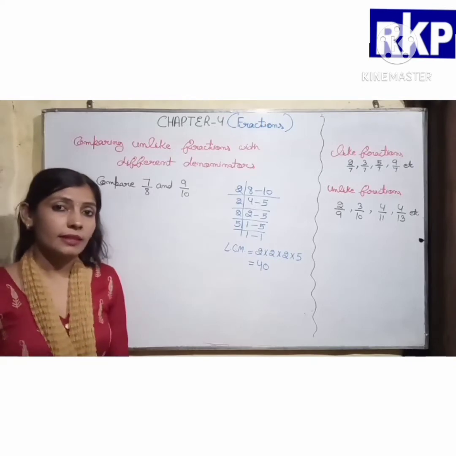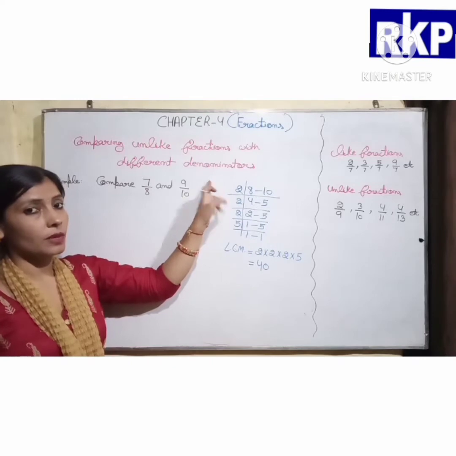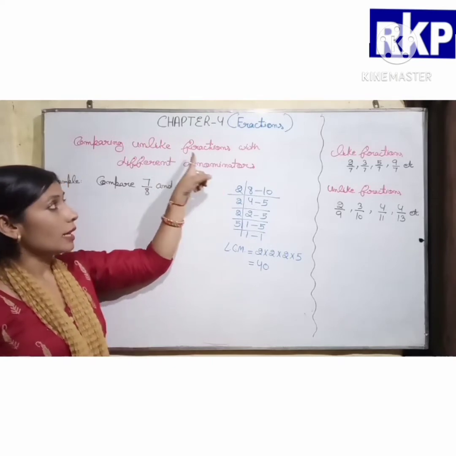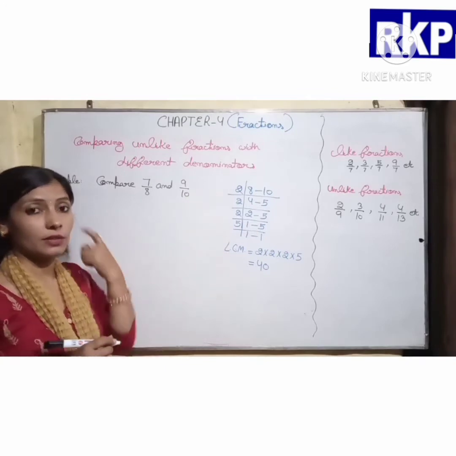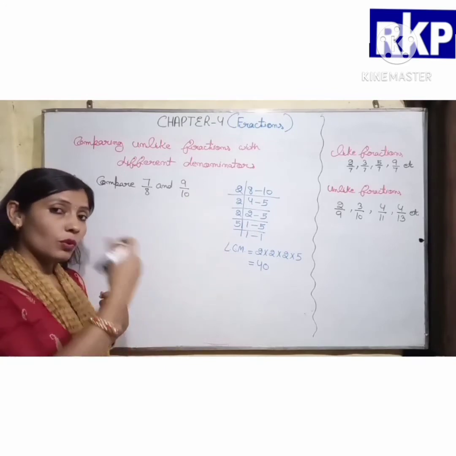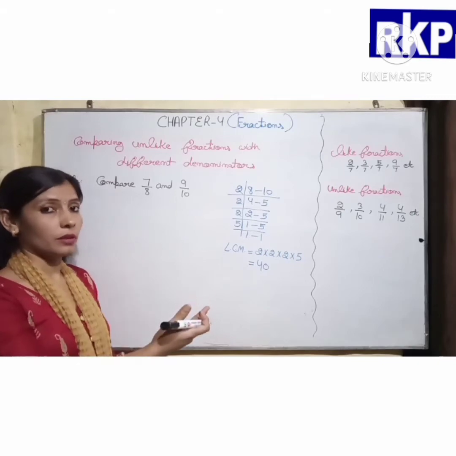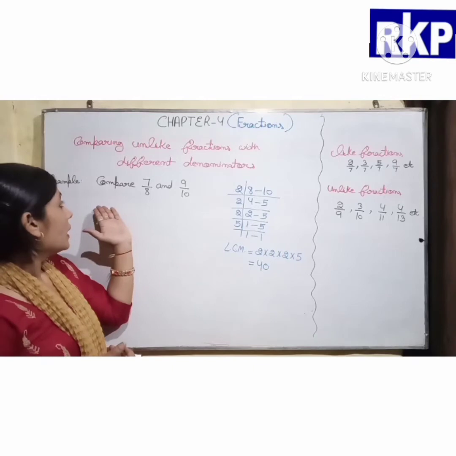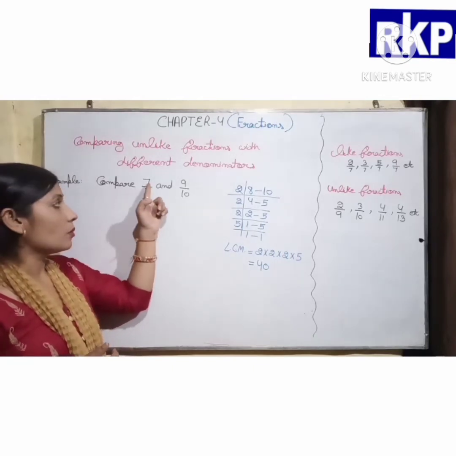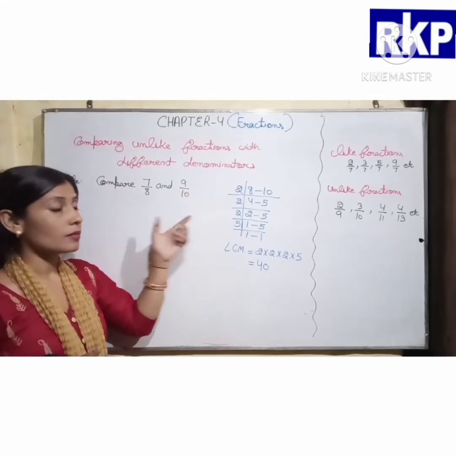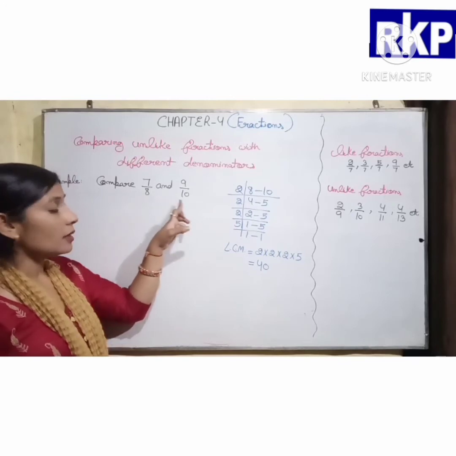Now students, let us see how we can compare unlike fractions with different denominators. To compare unlike fractions with different denominators, first of all we have to change these fractions into like fractions, and then we have to compare numerators. Let us take one example. Here we have to compare 7 by 8 and 9 by 10, and these both are unlike fractions with different denominators.